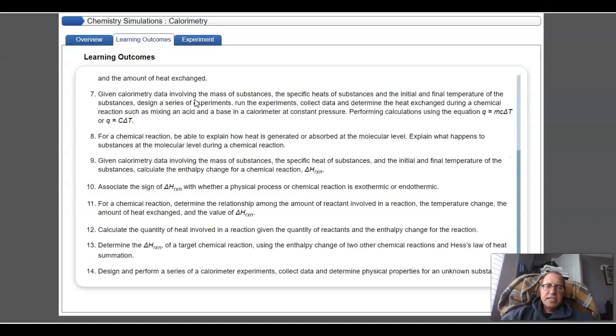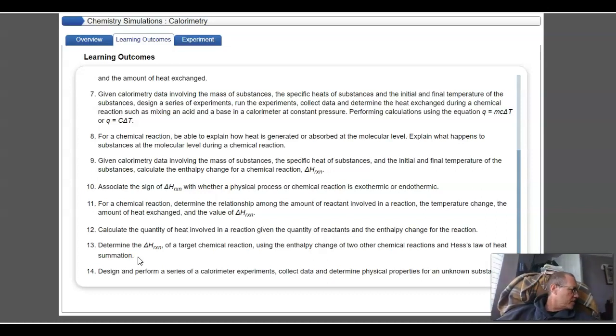You can see down here at number 13 that we're going to determine the enthalpy of reaction, the delta H of reaction, of a target chemical reaction using the enthalpy change of two other chemical reactions in Hess's law of heat summation. Like I said yesterday, I'm not going to give away Hess's law for you. I want you to discover it through this lab, exactly what we're doing with Hess's law.